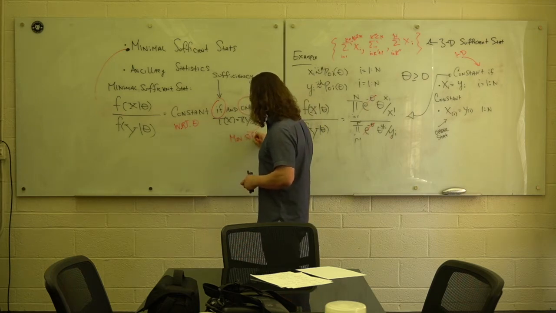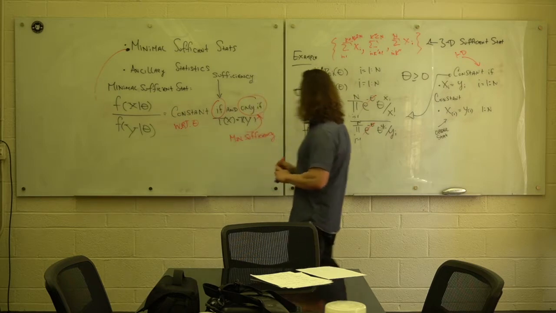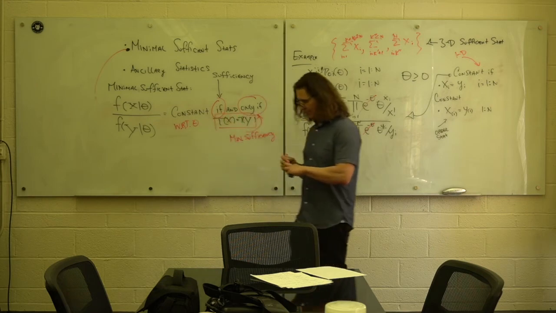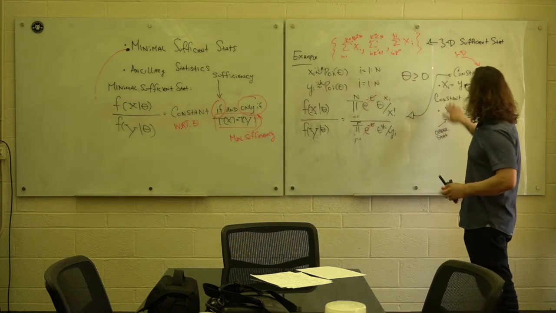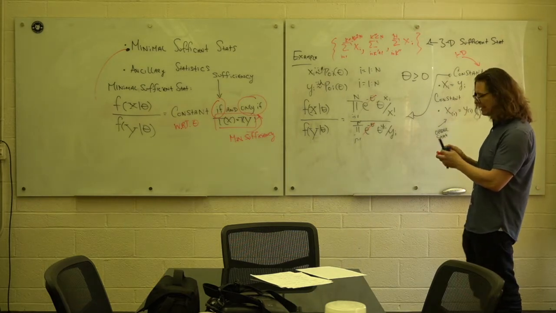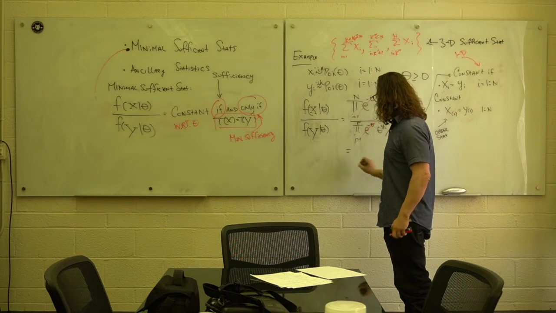Min sufficiency. So this is the restriction. So only if this is true. And so I don't need that to be true. There's something else that I necessarily need to have for everything to be min sufficient.